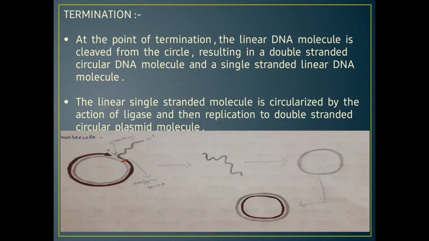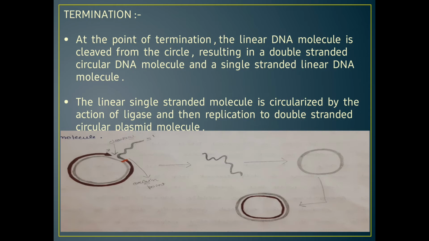Now the last process is termination. At the end of termination, the linear DNA molecule is cleaved from the circle, resulting in a double-stranded circular DNA molecule and a single-stranded linear DNA molecule. It's simple.